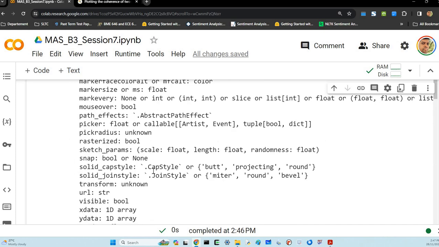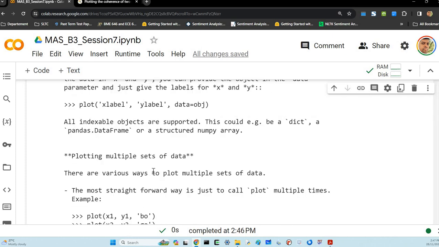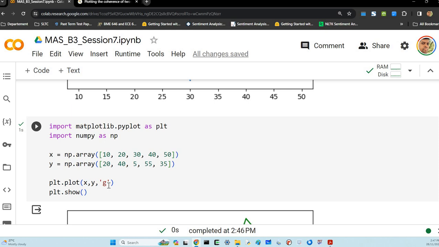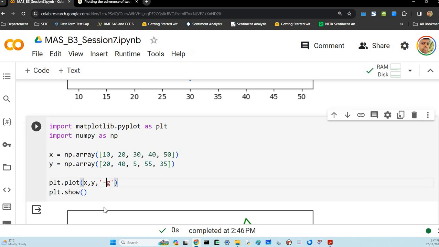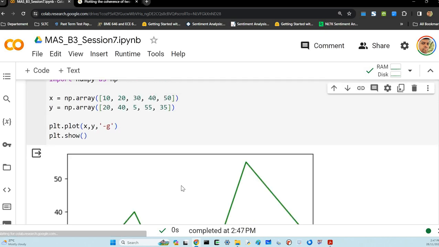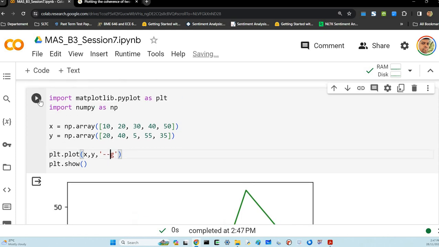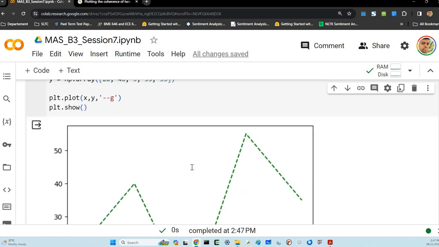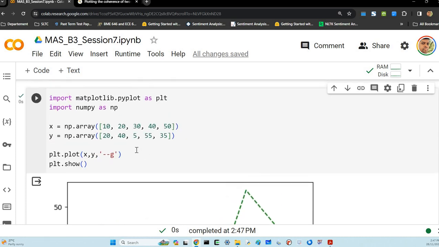So let me try. What I said was early we have green. Let me put the say dash. No change. Let me put 2 dashes. You can see dash lines.